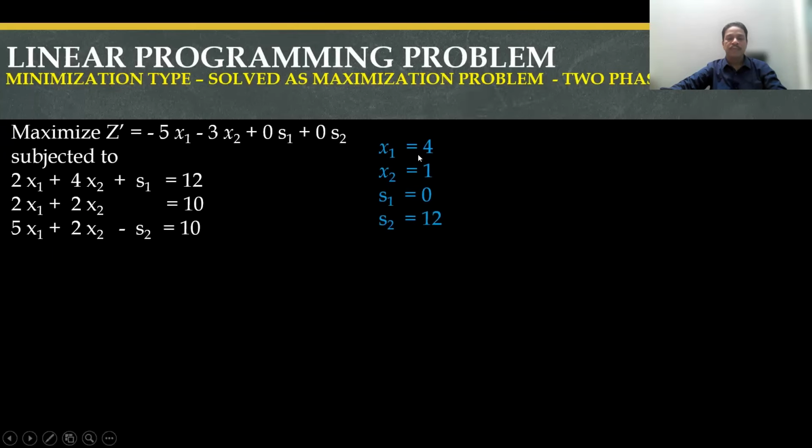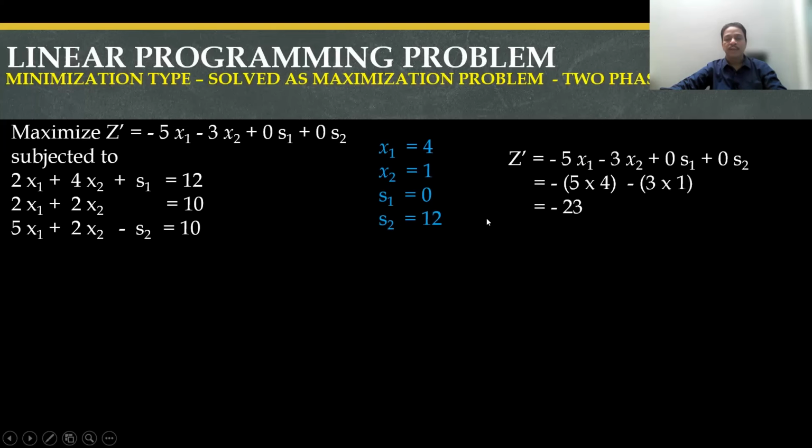This is the answer. X1 is equal to 4, X2 is equal to 1, S1 equal to 0, and S2 is equal to 12. Therefore, Z dash will be equal to minus 5x1 minus 3x2 plus 0s1 plus 0s2. Substitute the value of x1 and x2, we get minus 5 into 4 minus 3 into 1, that is minus 23.